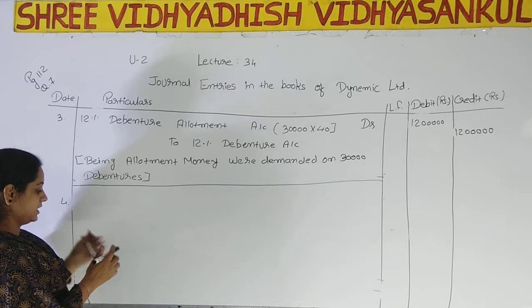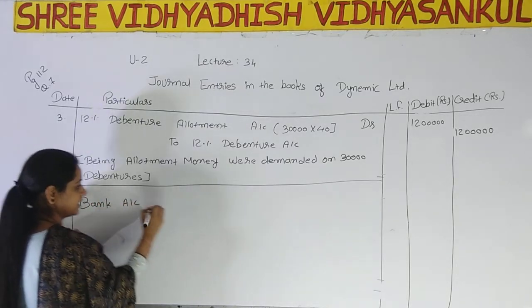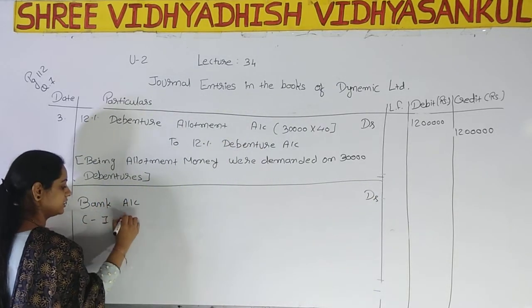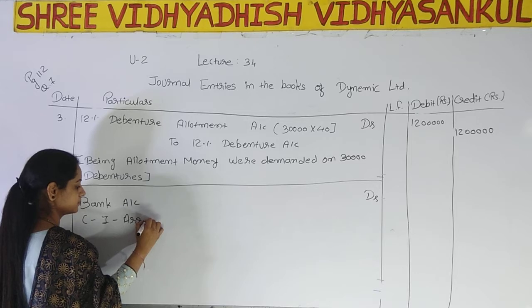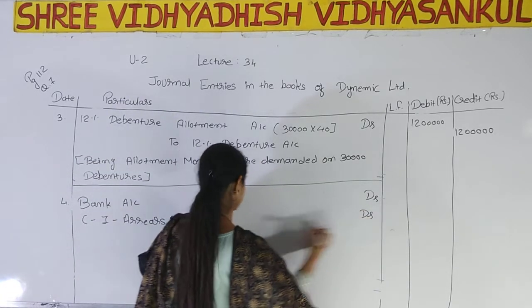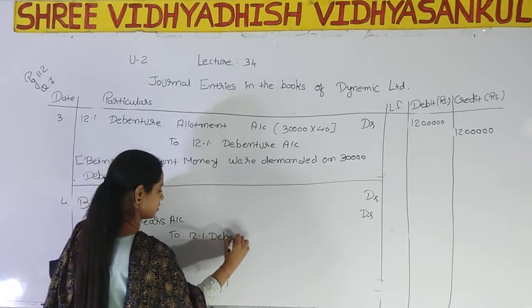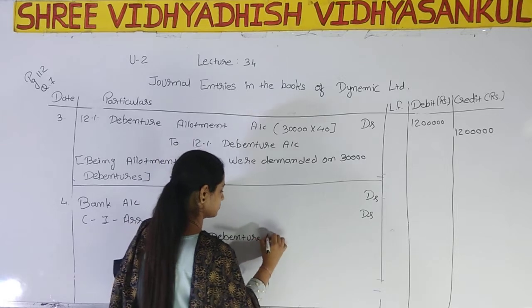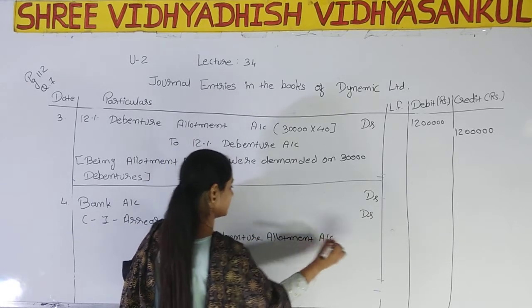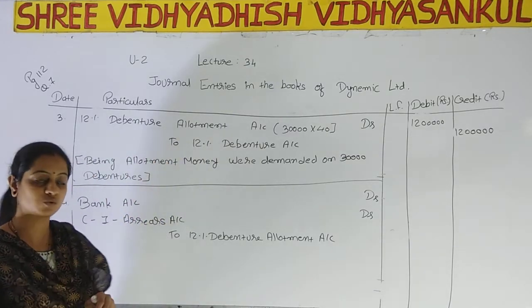So the entry will be bank account debit. Akash ne pay nathi karya. That means we have to debit call in arrears account. Call in arrears account debit to 12% debenture allotment account, right? સાથે પલકે એડવાન્સ પે કર્યા છે. અરિયર્સ ડેબિટ થાય તો એડવાન્સ શું થાય? ક્રેડિટ.